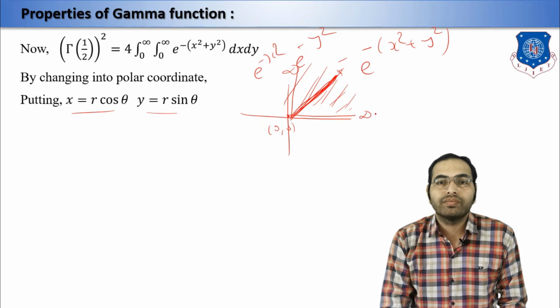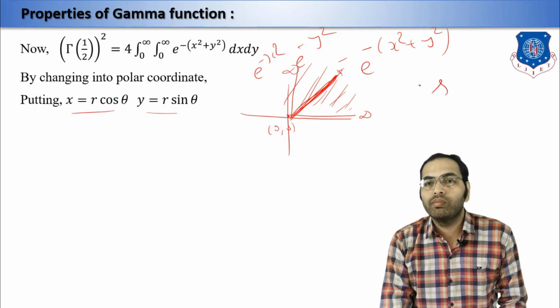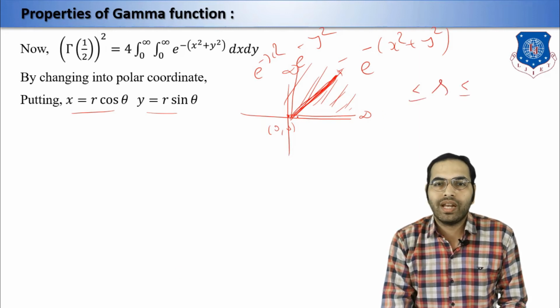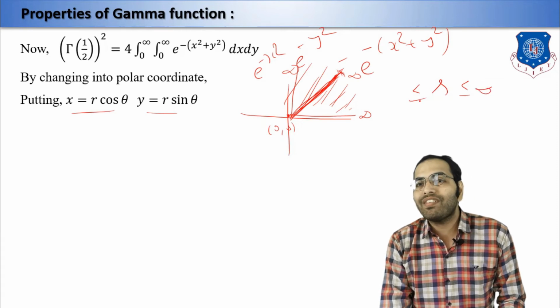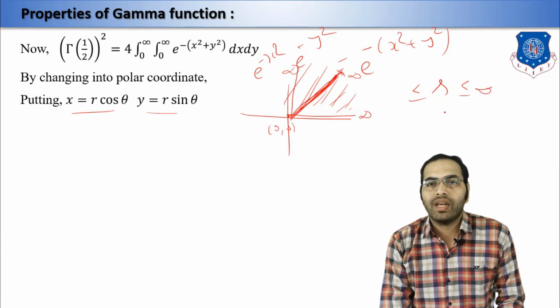Here r varies from 0 to infinity; at the starting position the value of r is 0, and at the ending point of the elementary strip the value of r is up to infinity.